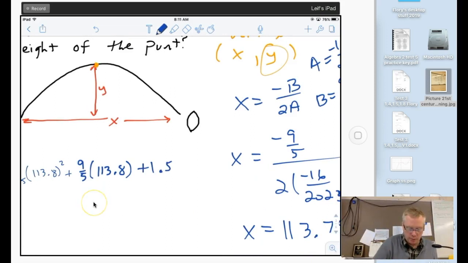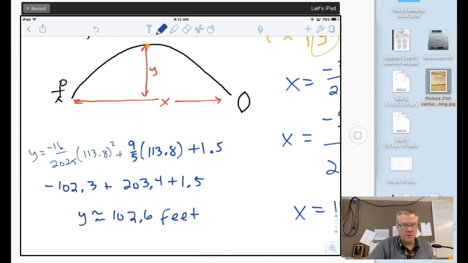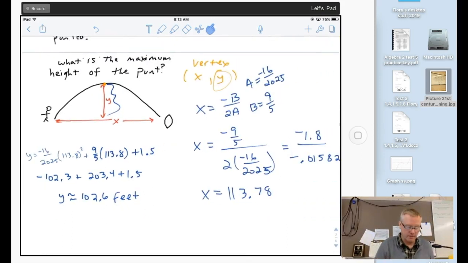All right, and then I'm going to punch that in my calculator. And when I do that, I get the negative 102.3 plus 203.4 plus 1.5. And if you add those three things together, you get approximately 102.6 feet. So that's what I'm going to leave my answer as, which would be the maximum height that that ball was kicked. All right, so it was the y coordinate of the vertex.